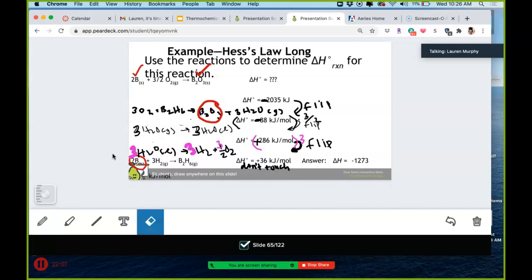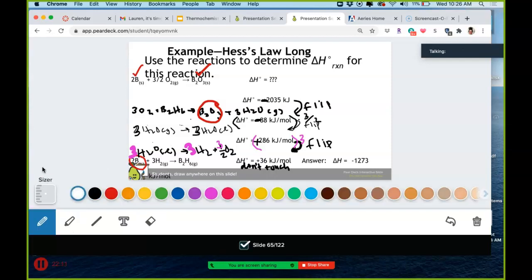So let's look at the water. 3 water vapors on the left as gas, and then 3 water vapors on the right here as gas. Okay, cancel. 3 liquid waters right here, and 3 liquid waters right here on opposite sides, cancel.